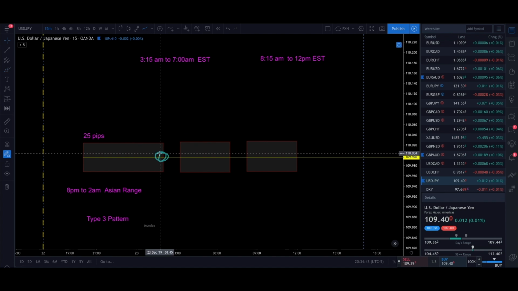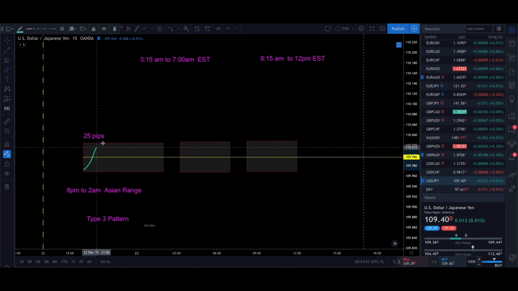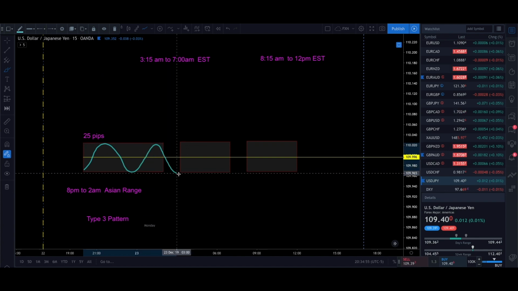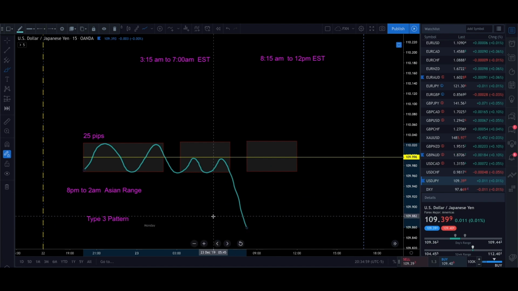Type 3 setups are developed from coming from the top to the bottom. They're developed by getting stuck and then going down.